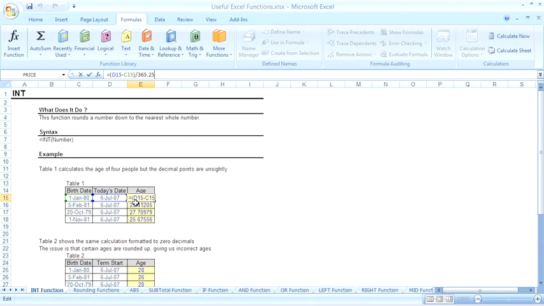The reason I'm doing that is because D15 minus C15 gives me a big number, for example, basically the number of days, 10,048 days. I can divide this by 365.25, and that gives me this person's approximate age. Now, 365.25 is basically the number of days in a year counting leap years.